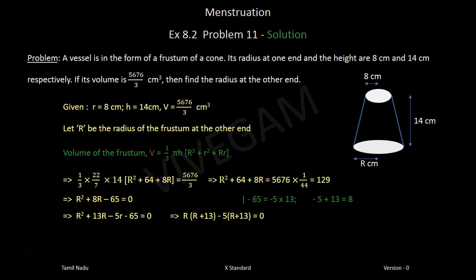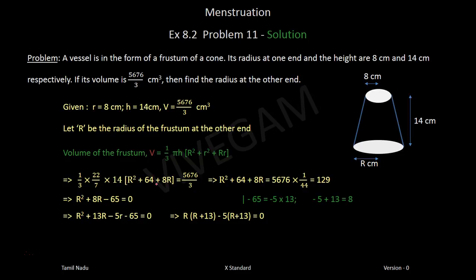So it's 8R, and that will be equal to 5676 by 3. Okay, 7 will go 2 times, and this 3 will get cancelled. So you will be left with 22 into 2 here.